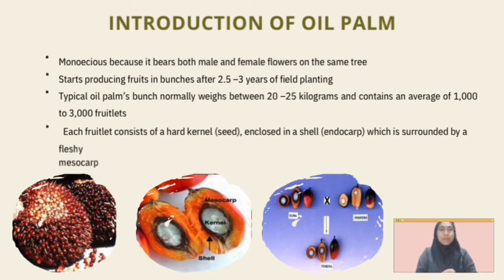The oil palm fruits, or commonly named fruitlets, are almost spherical or elongated in shape. Each fruitlet consists of a hard kernel, which is the seed, enclosed in a shell, and surrounded by a fleshy mesocarp. The color of the fruitlet is dark purple, almost black, and turns orange-red when it's ripe.